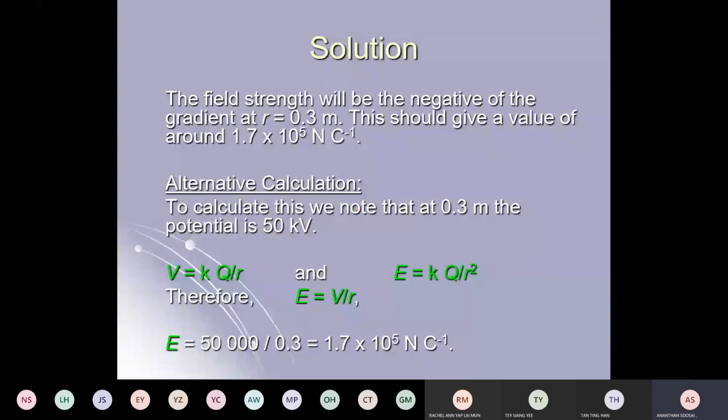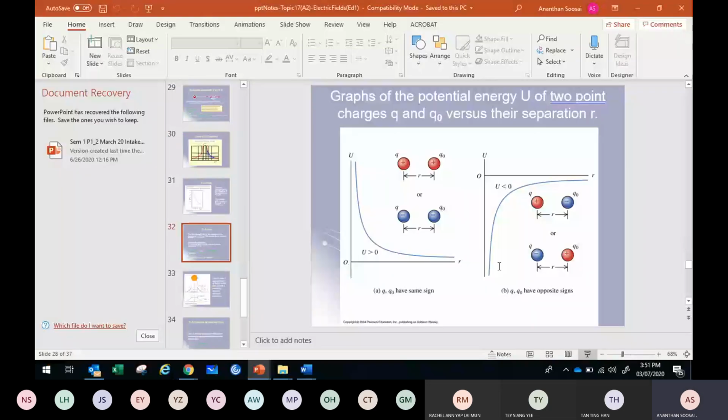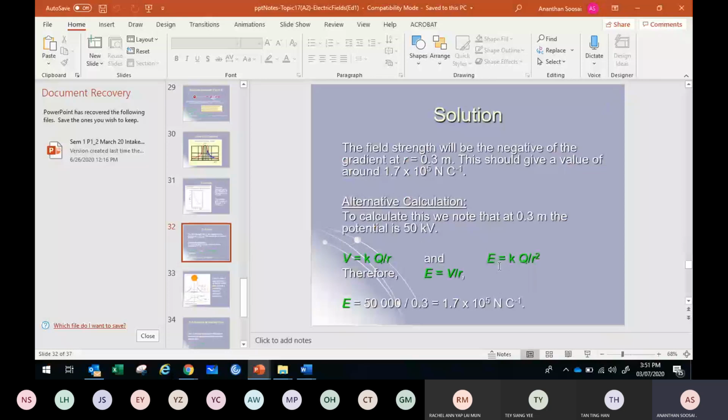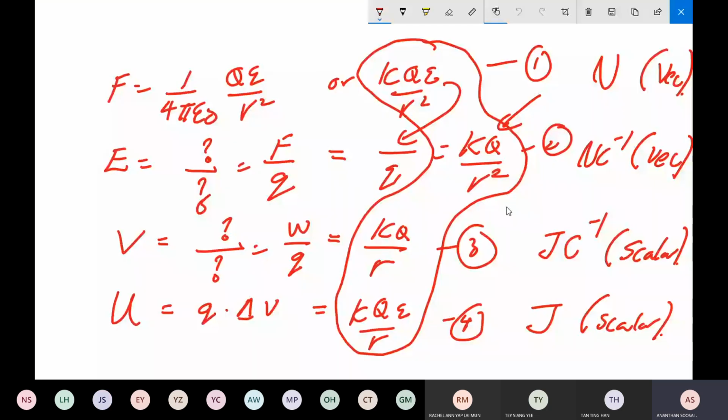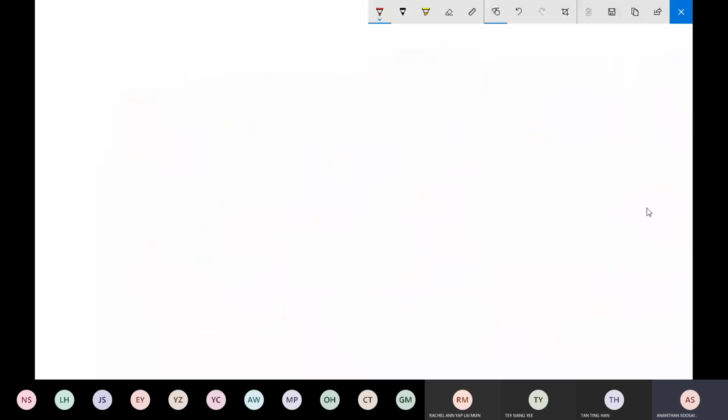So before we go to this, I need to go to the whiteboard to strengthen this idea. Okay, so I clear this. So now in exam, they will give you a V versus R graph.